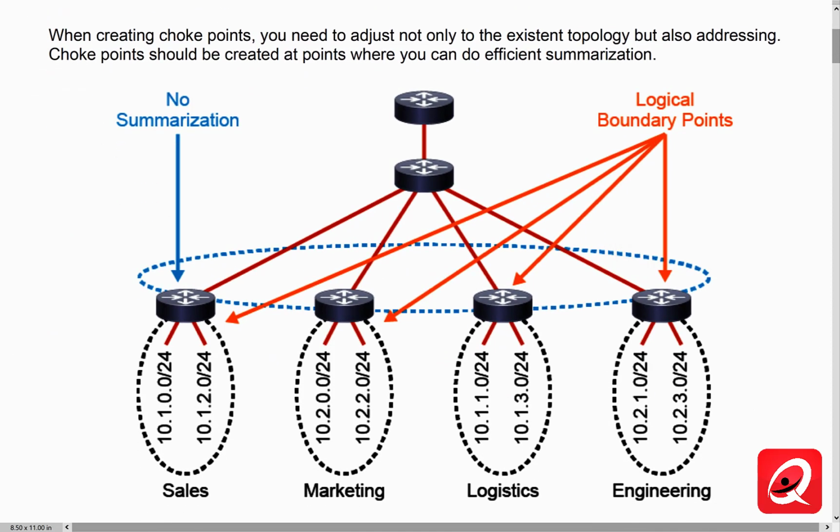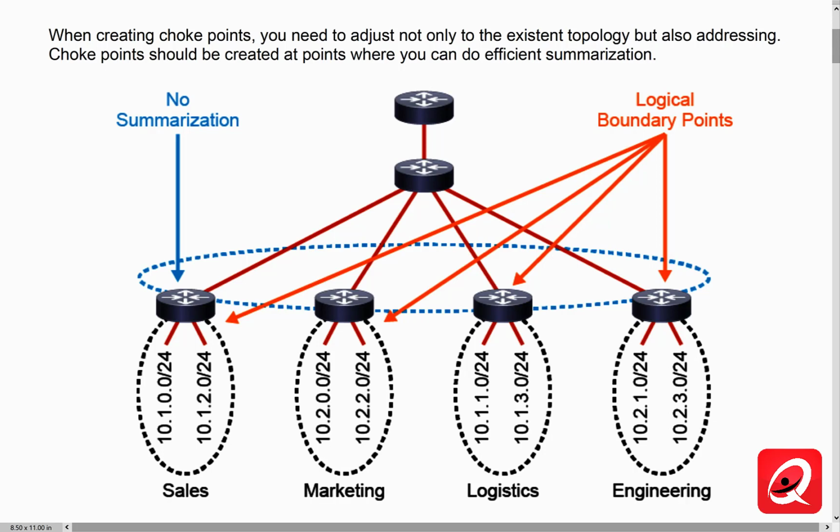Okay. We did already kind of talk about the concept of choke points. When you're creating choke points in your network, you need to adjust the topology, but you also have to make sure you have the appropriate contiguous address blocks. That's a really, really important concept. If we're dealing with different choke points, moving the boundary between two pieces of the network may create a choke point that didn't necessarily exist before.